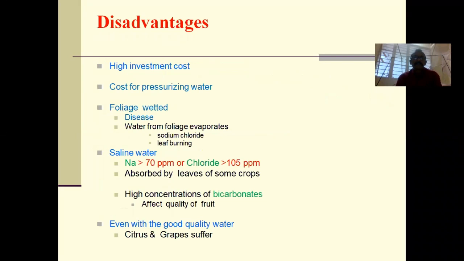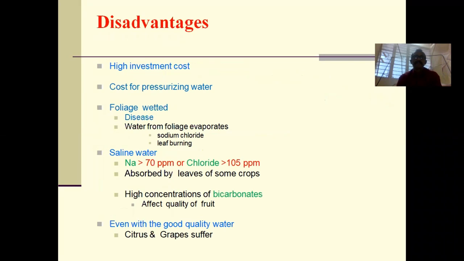Let us see now the disadvantages of using sprinkler irrigation. As with any technology, this is also a high investment cost method.